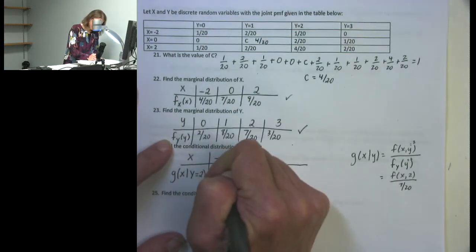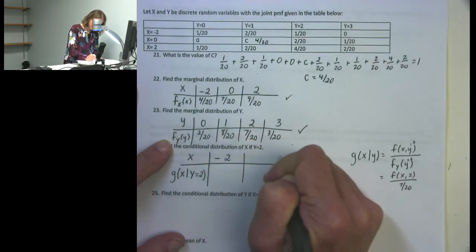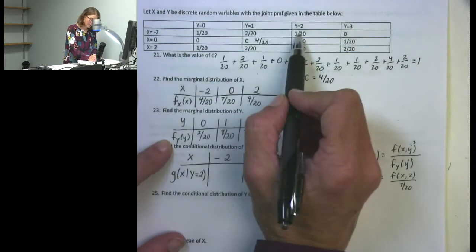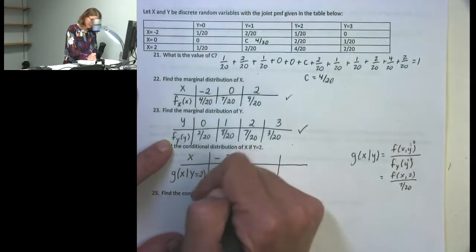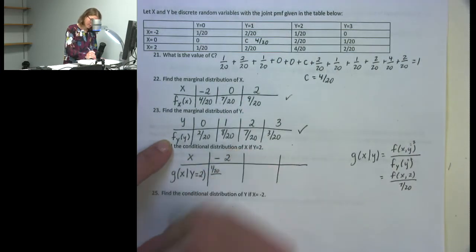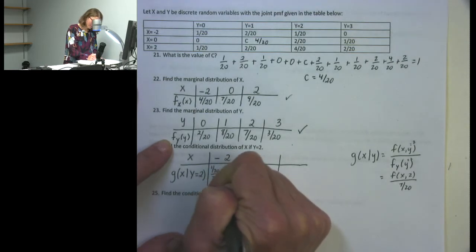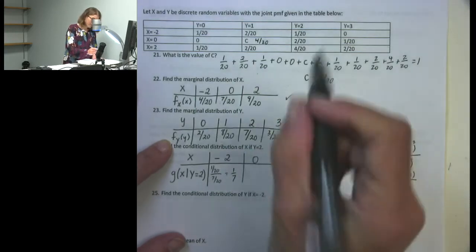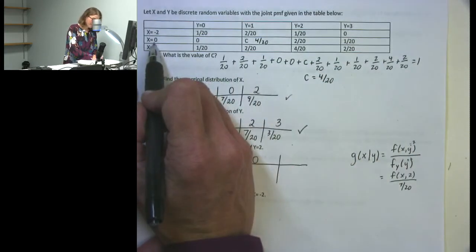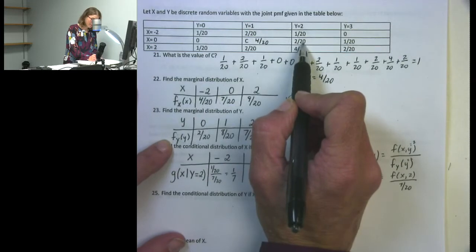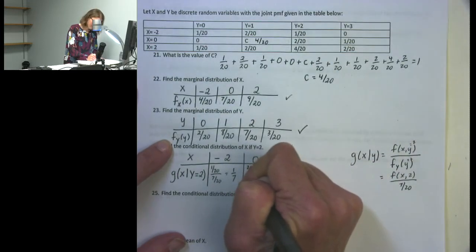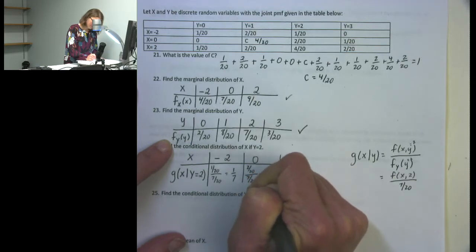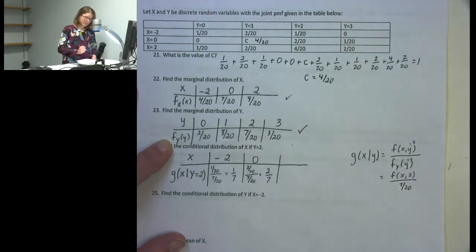So for x equal to -2, okay, x equals -2 and y equals 2 is 1/20th divided by 7/20th gives me 1/7. For 0, the probability that x is equal to 0 and y is equal to 2 is 2/20 divided by that marginal probability, 7/20, gives me 2/7.